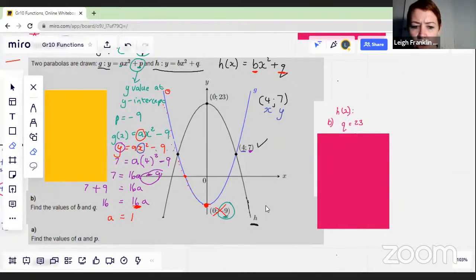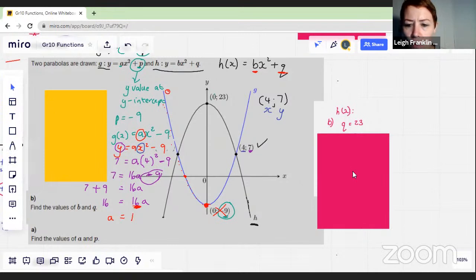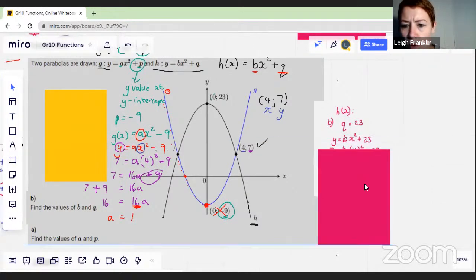Oh, there we are. Keep going. You're doing so well. And then I substituted the value of Y as negative 7. And then I said negative 7 is equal to B. And then I substituted the value of X is negative 4 to the power of 2 plus that 23.